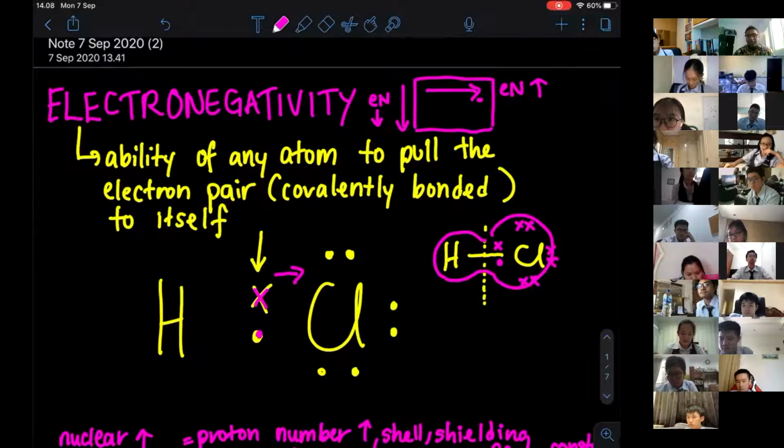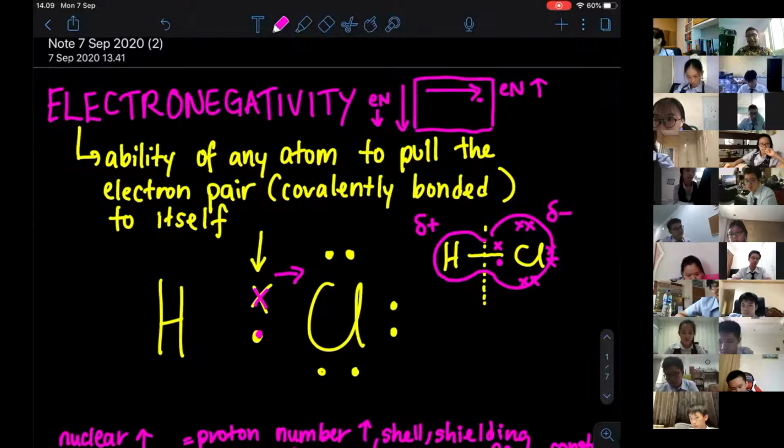One part of this molecule will have more electrons, one part will have less. In this case, the Cl will have more electrons, therefore it will have a delta negative, a partially negative charge, because it contains more electrons towards the Cl. And since H doesn't have a lot of electrons, there is going to be a partial positive for the H.